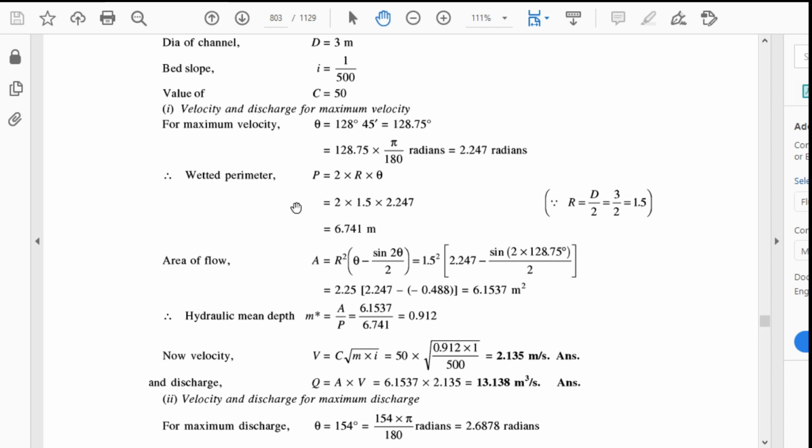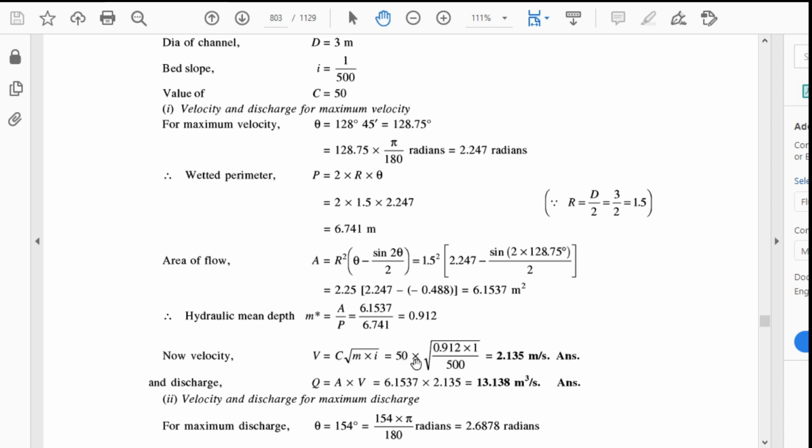Here the wetted perimeter and area are already calculated, so divide them and find the mean depth as 0.912.